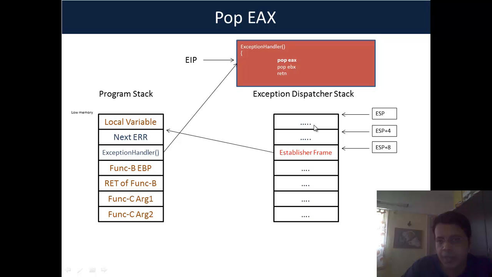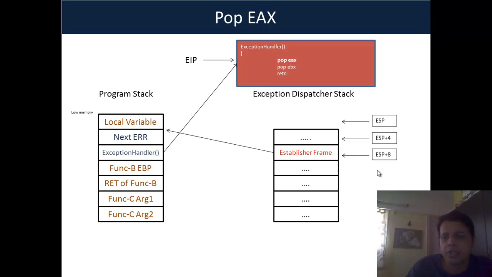On the dispatcher stack, these 4 bytes would be taken out and stored within EAX, and ESP would adjust itself. Actually, it would go from low memory towards high memory. Never forget that. The value goes off, ESP adjusts itself.